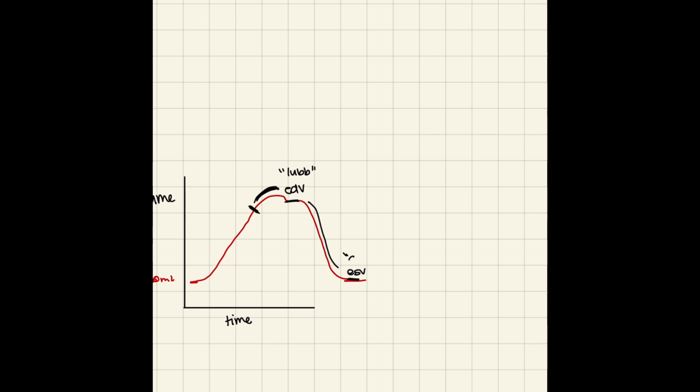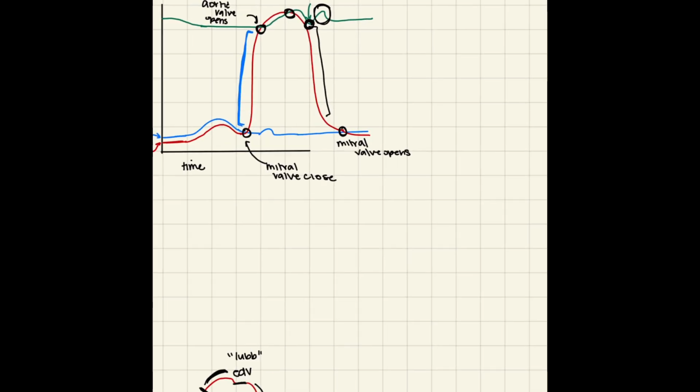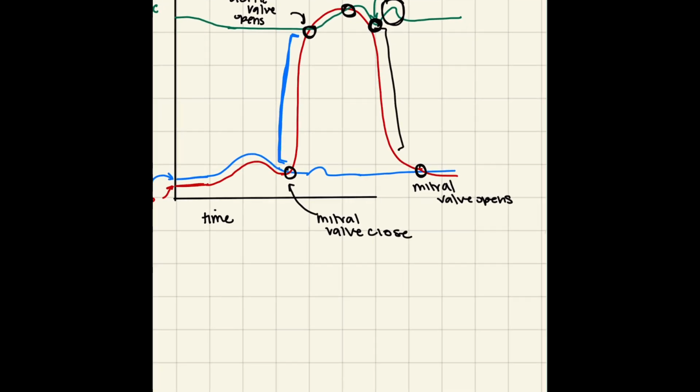At the end systolic volume, you're going to hear the dub sound because your semilunar valve is going to close. So when the mitral valve closes, you hear the lub sound. When the semilunar valve closes, or the aortic valve closes, you hear the dub sound.